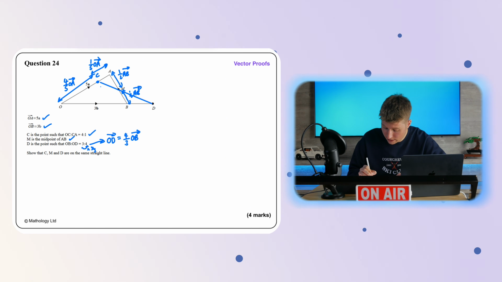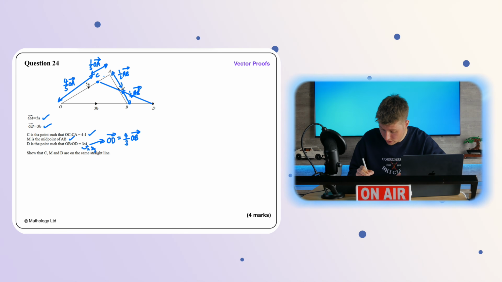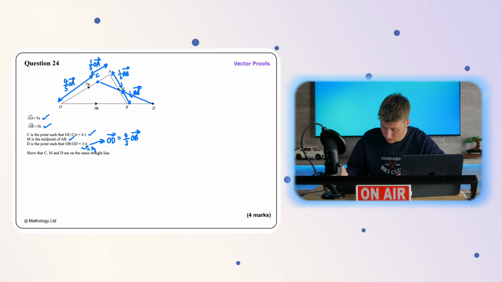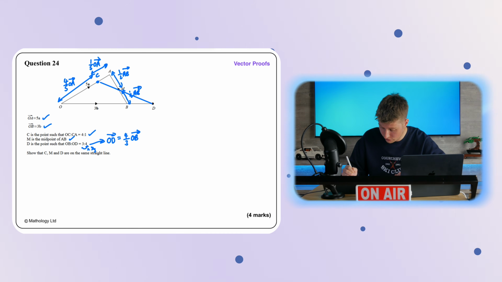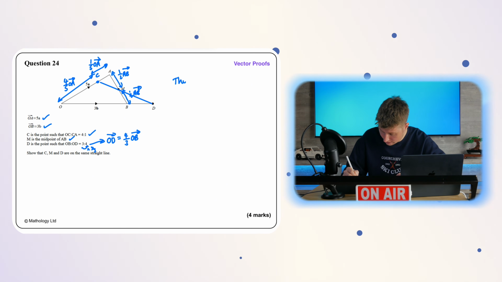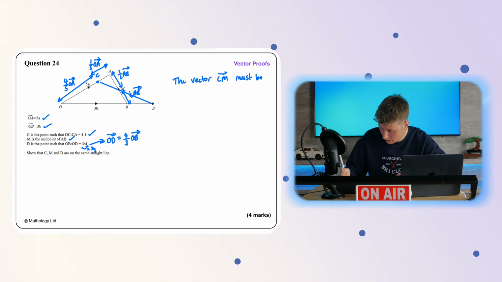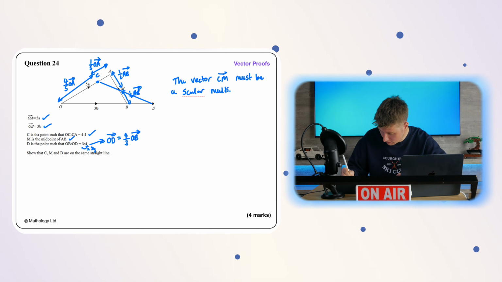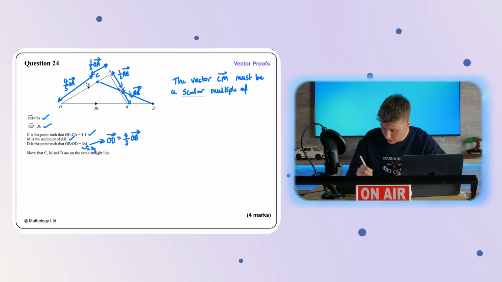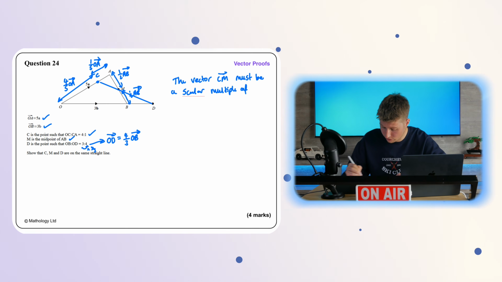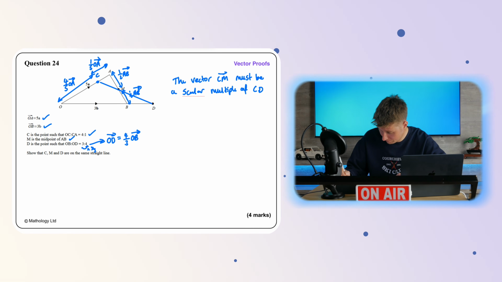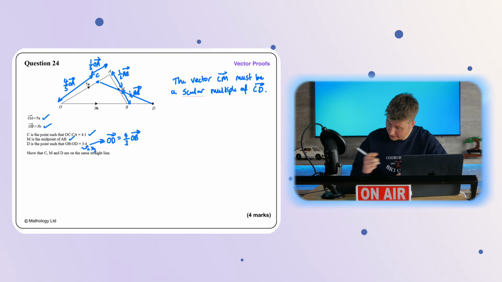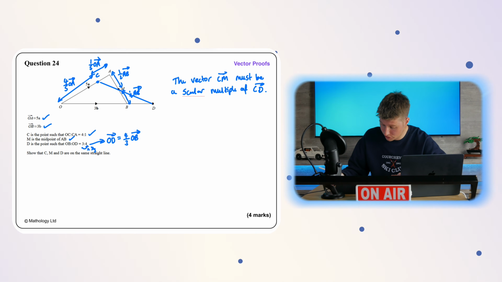We need to say that the vector between the first 2 points, so the vector CM, must be a scalar multiple of the total vector, so from C to D. And if we prove that, then we've pretty much done the question.